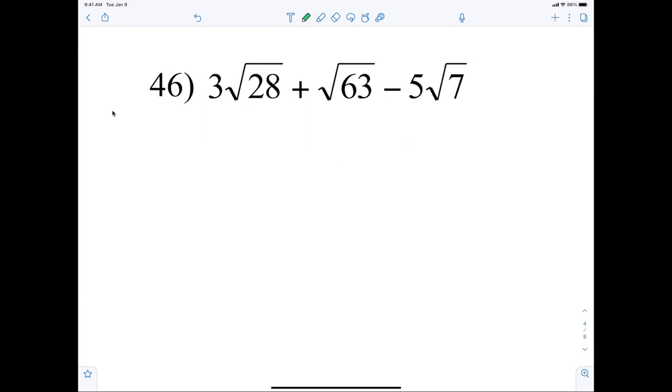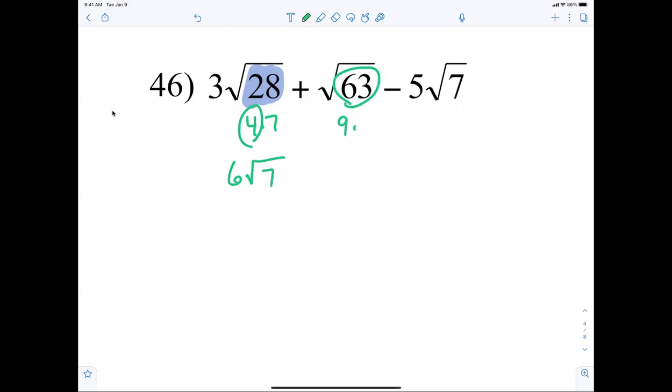Okay, here we go. Radical 28. Someone help me. So 4 and 7. Yes. So we break 28 down to 4 times 7. The square root of 4 is 2, so 2 radical 7.